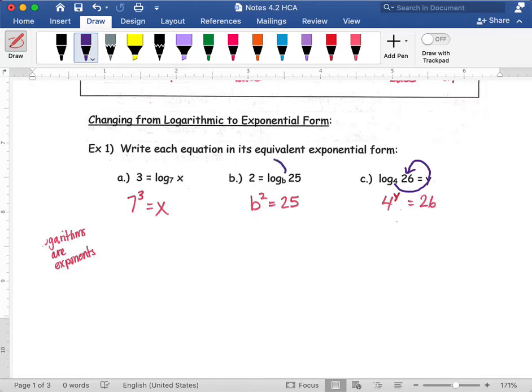Base b to the power of 2 equals 25. Base 7 to the power of 3 equals x. And that allows us to solve these mini equations if we're able to convert them. But remember, log is exponent.